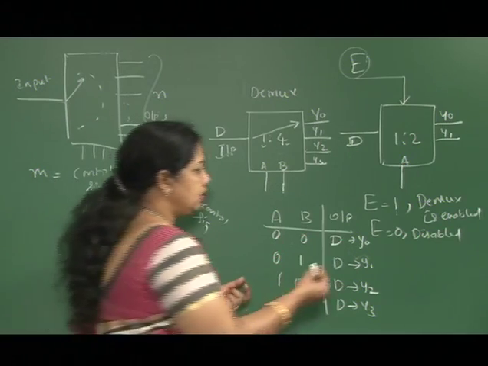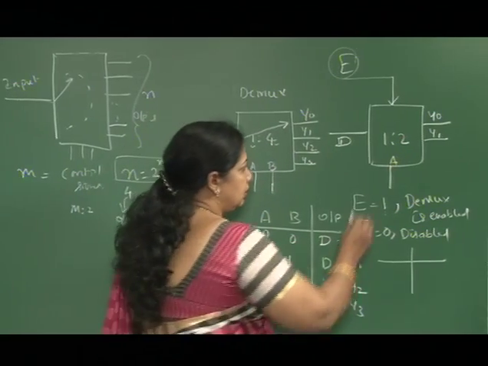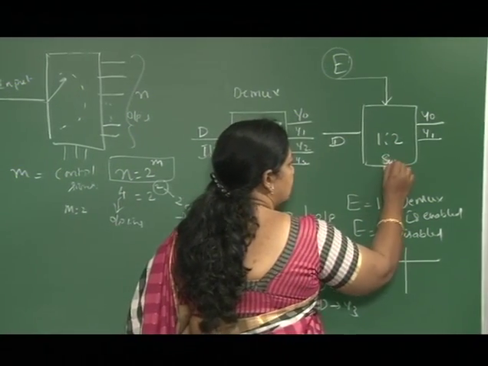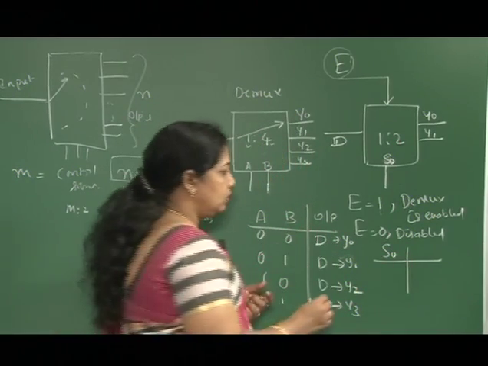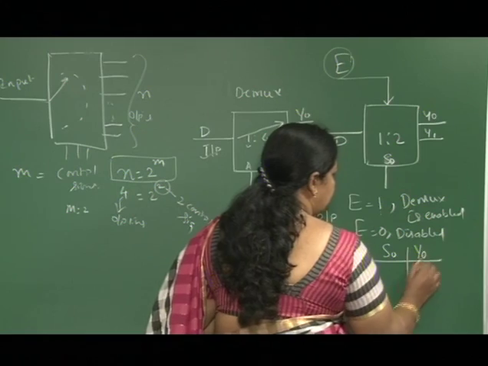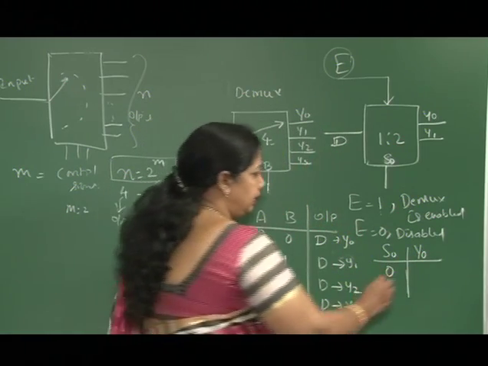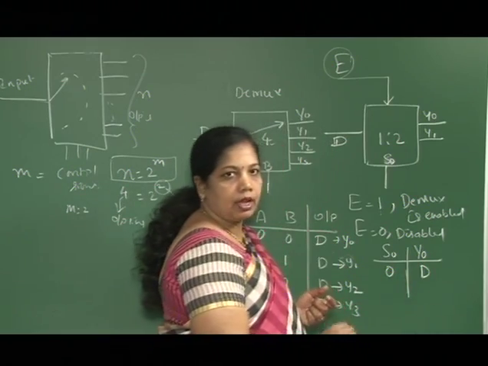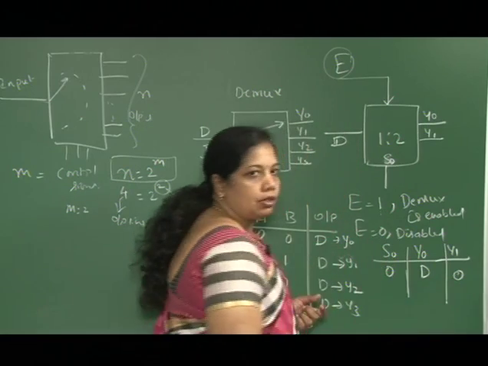You can see here the truth table. I can give this as S0 or A. If S0 is 0, my Y0 will be D, and I don't have anything at Y1, it will be 0.